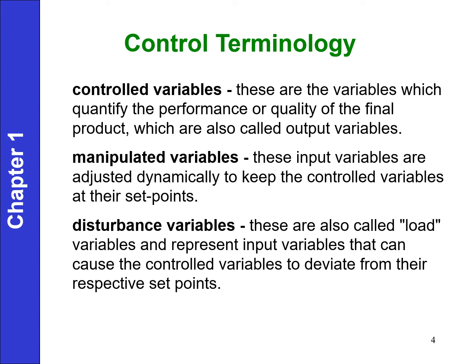The definition of control variables is any variables which quantify the performance or quality of the final product, which are also called output variables. And what are manipulated variables? These input variables are adjusted dynamically to keep the control variables at their set points.